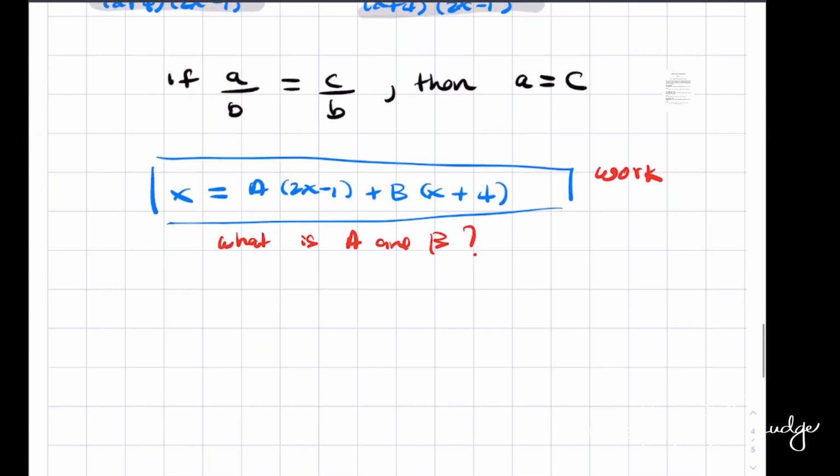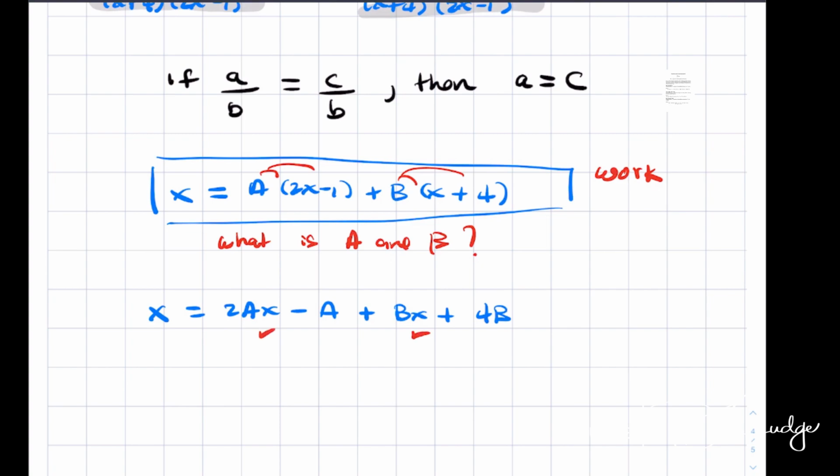The first approach to finding A and B, what I can do is simply do a little bit of algebra, meaning I'm going to distribute. I'm going to get rid of those parentheses on the right side. So I have x equals 2ax minus a plus bx plus 4b. I just distributed here. And then I'm going to gather the like terms, meaning my linear terms, because it has an x and an x.